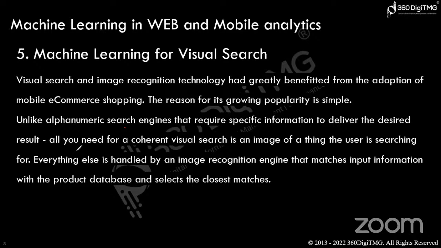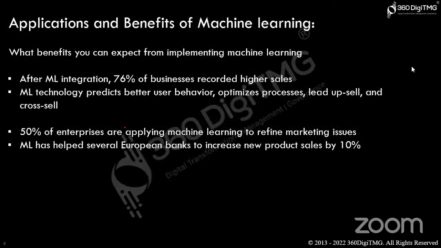So this is how machine learning, especially when it comes to visual search, is useful to increase the profit of the business. There are so many startups based on this, since it is very easy and very convenient as well.